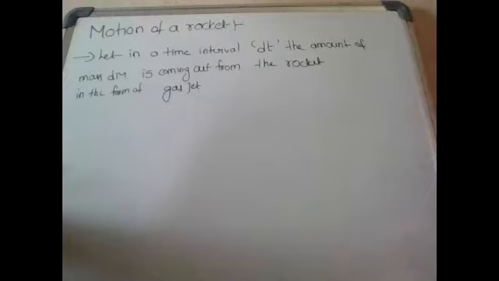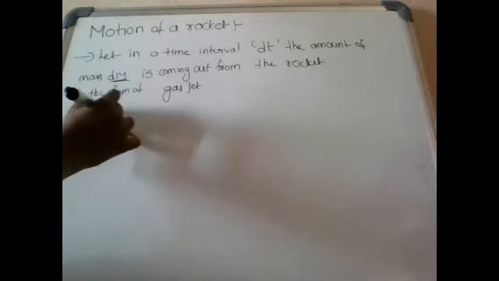After time interval dt, the amount of mass dm is coming out from the rocket in the form of gas jet.